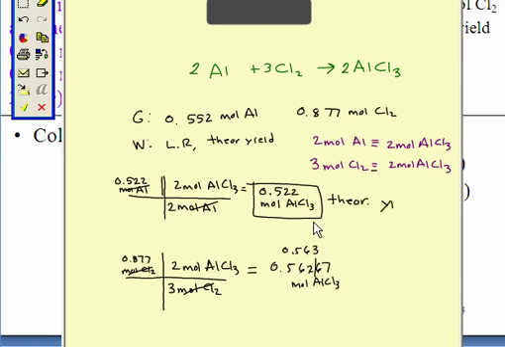This is the most aluminum chloride I can make, and my LR, let me just put in a box here, is aluminum. It is the reactant that runs out first. After I make this much aluminum chloride, I have no more aluminum. It makes the least amount of product. This is the most product I can make, and this is my LR.